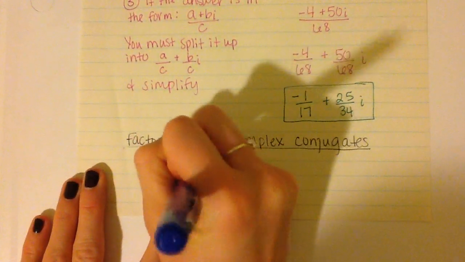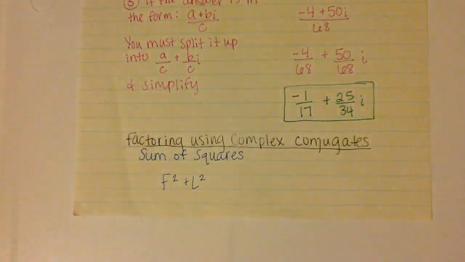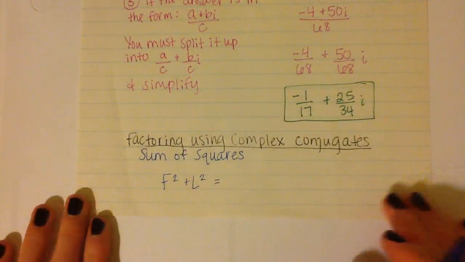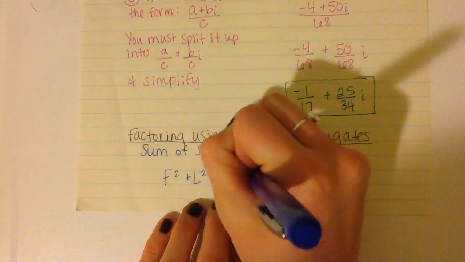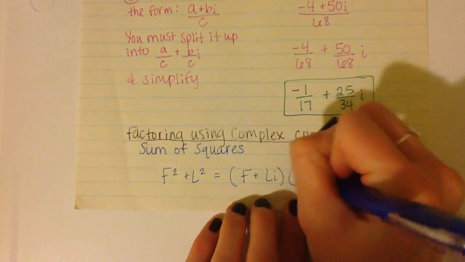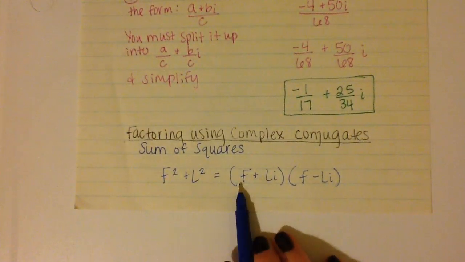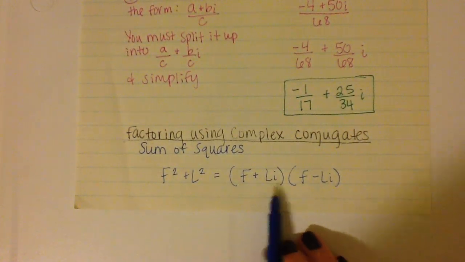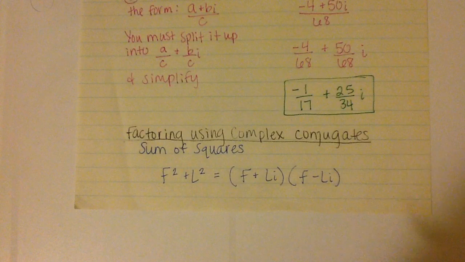So we have f squared plus l squared. So if this is the case, we're going to end up factoring, and it's going to look something like this. We have f plus li and f minus li.